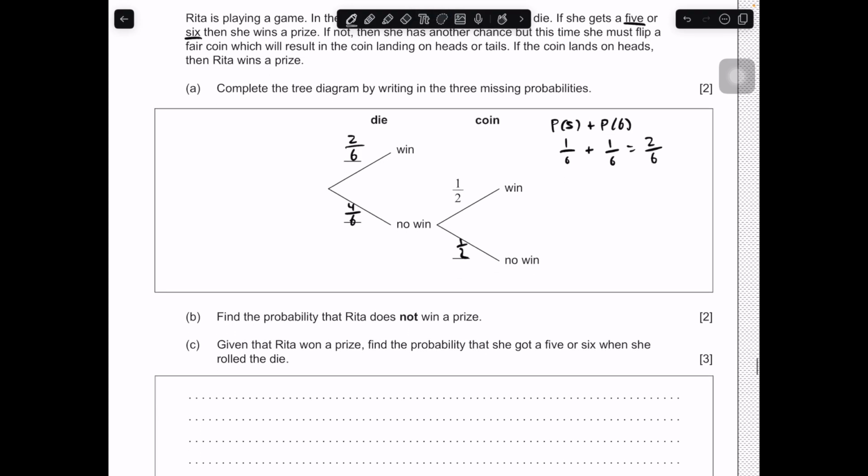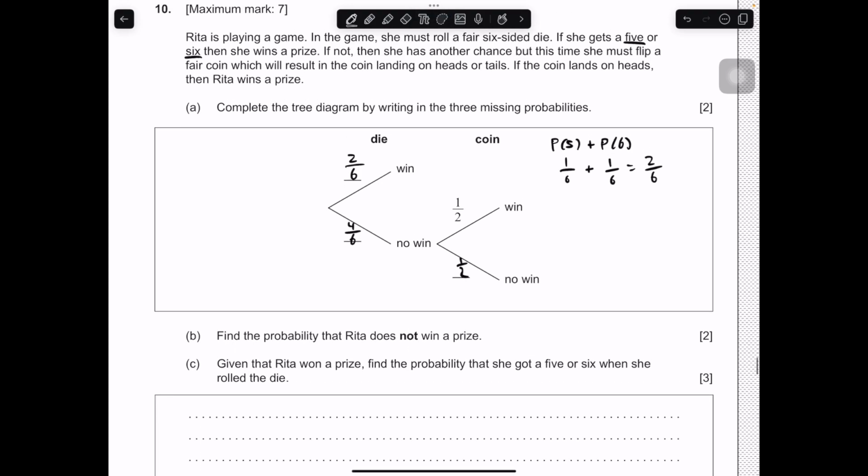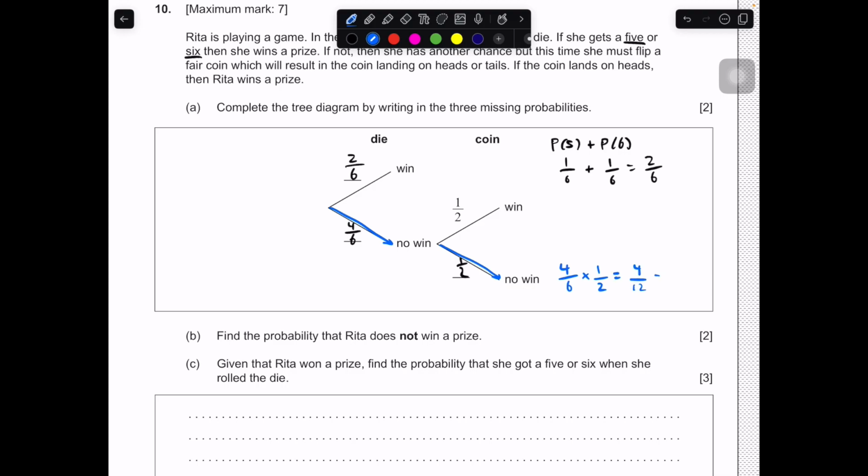Find the probability that Rita does not win a prize. Alright, so if Rita doesn't win a prize, that means she doesn't win here, and she doesn't win here. 4/6 of the time, she doesn't win on the first, and then 1/2. Since these are independent events, we can just multiply along the branches. We have 4/12 or 1/3.